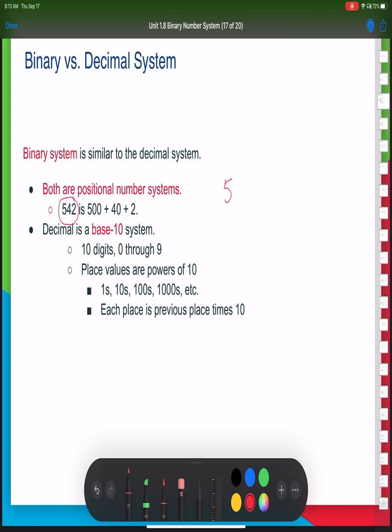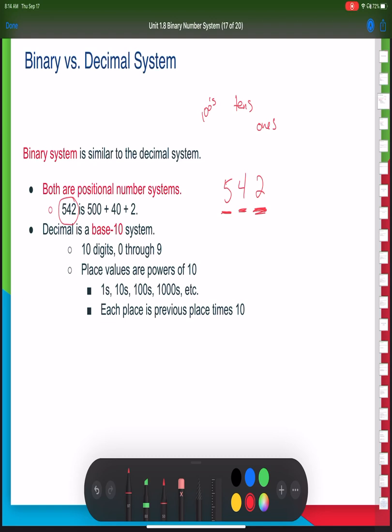Back in elementary school, we first learned that the first number here is your ones column, the next column over is the tens column, and the next column over is the hundreds column, and so on. It's positional based on that moving forward.